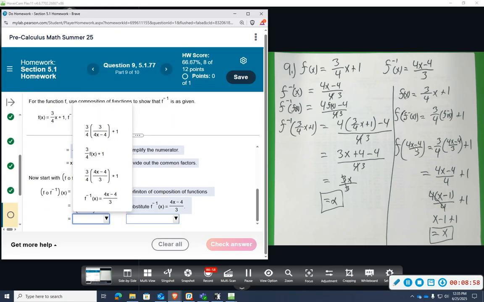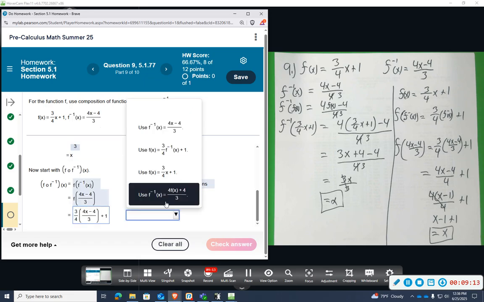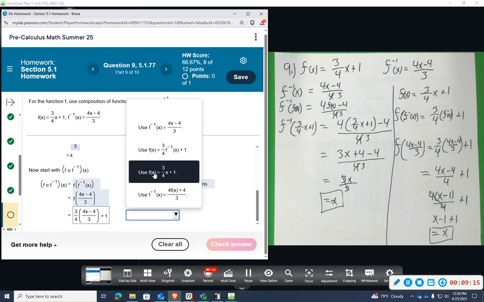At which point we use the f equation. We had 3 over 4 times 4x minus 4 over 3 plus 1. This is the one we're looking for. And that is using f, 3 over 4x plus 1.